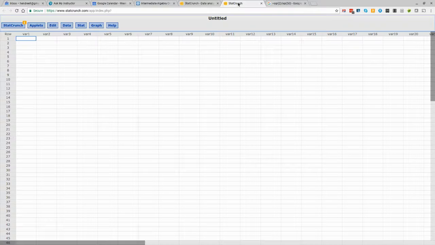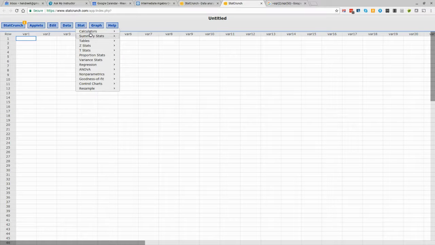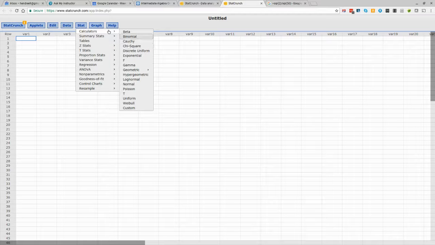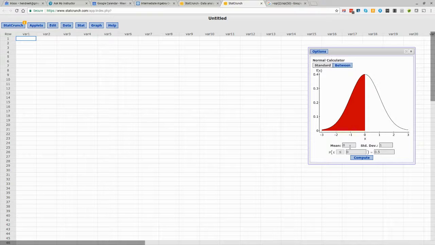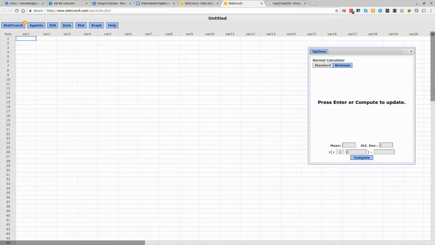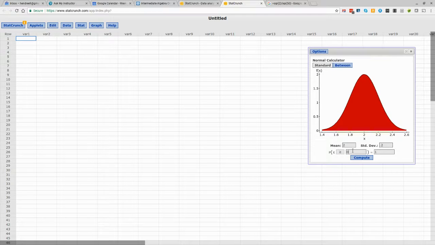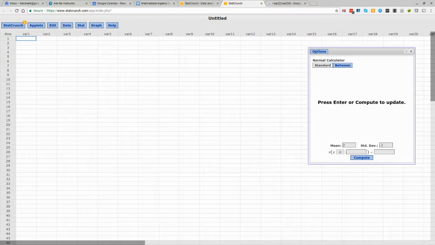So let's see. I open up my StatCrunch calculator. I go to the normal, because we know the sample mean is normally distributed based on the sample size. And the mean is 2. Standard deviation is 0.2. And we want to know what's the probability of getting a sample of 50 that has a mean of higher than 2.4.